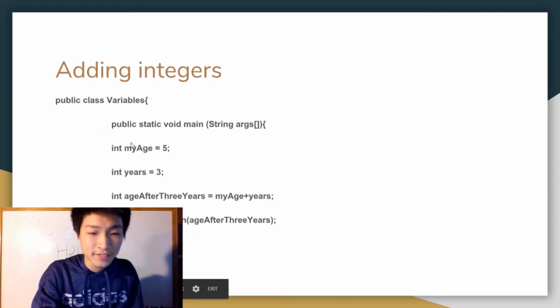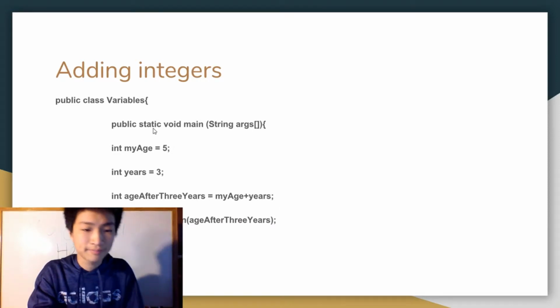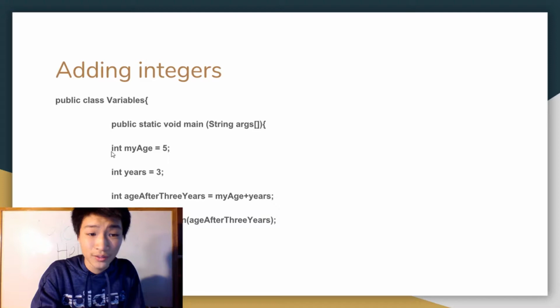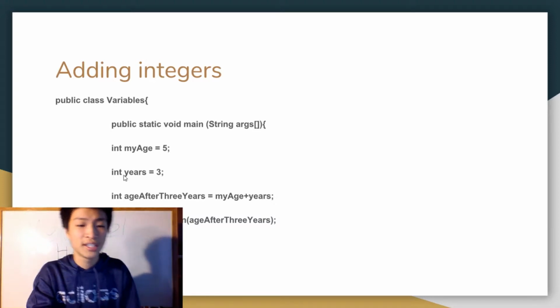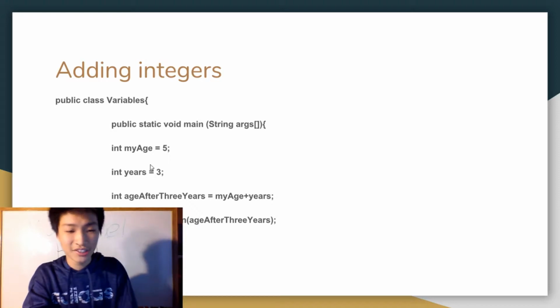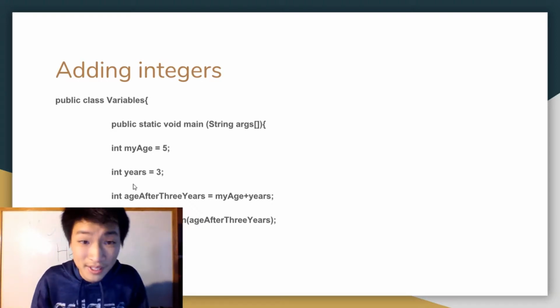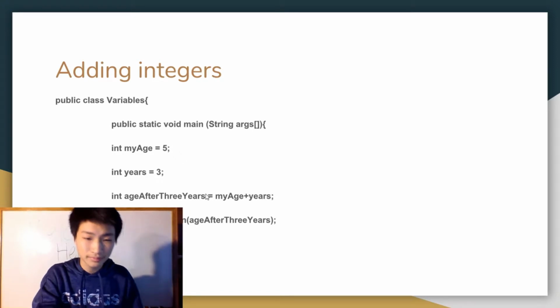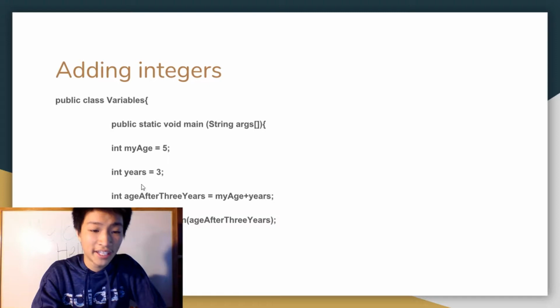The main function means this is the first thing that will happen when your code is run. We're going to create an integer, my age, that will have a value of 5, an integer titled years, and then a new variable that will be the sum of the other two variables.